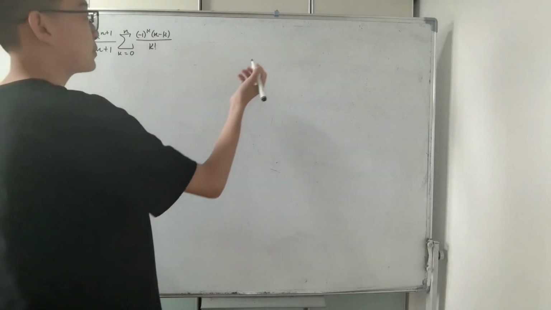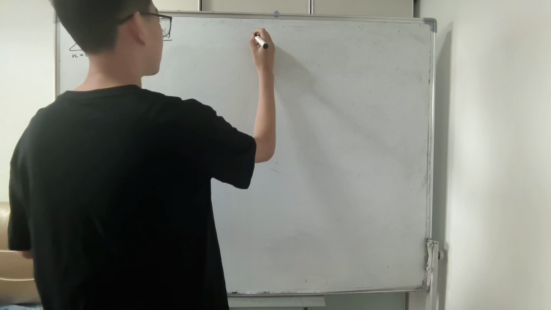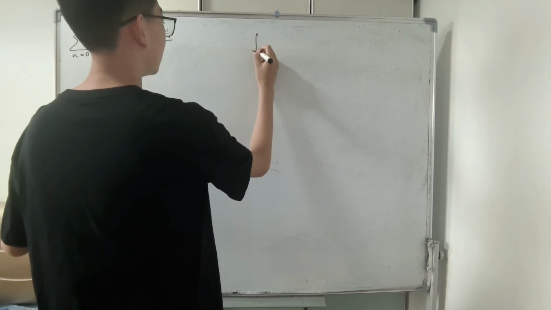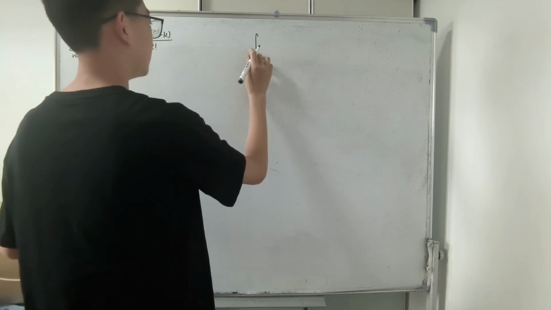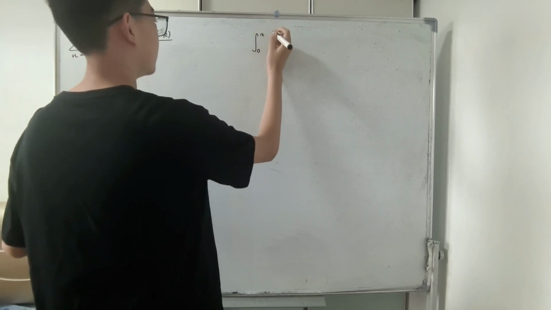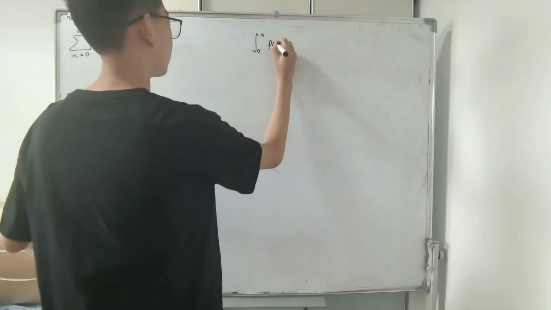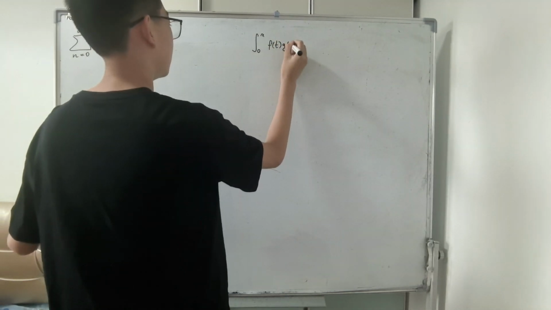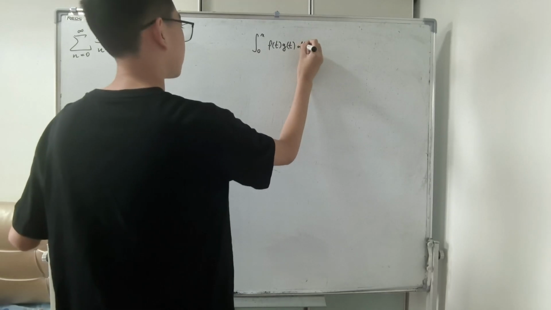More specifically, the sort of problem we were looking at was the integral from 0 to x of the product of two functions, f of t and g of t, integrated with respect to t.